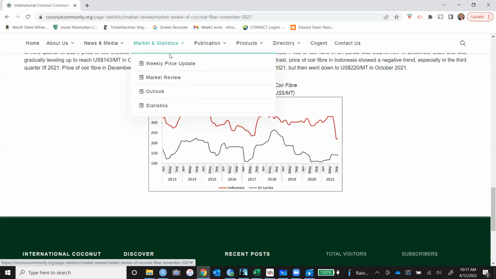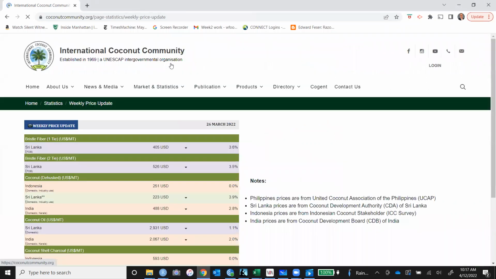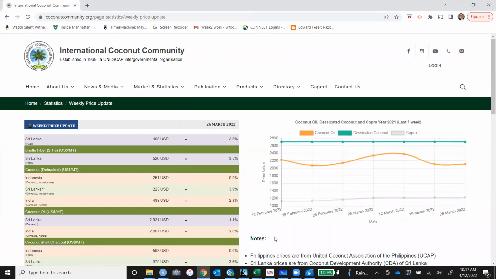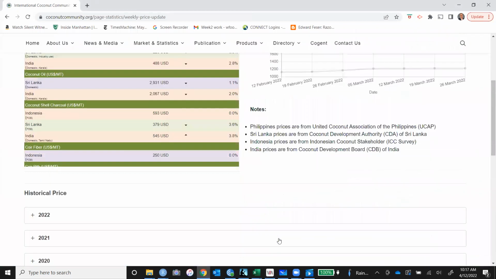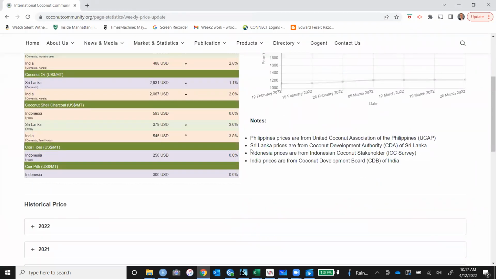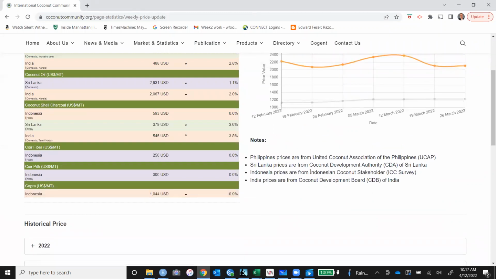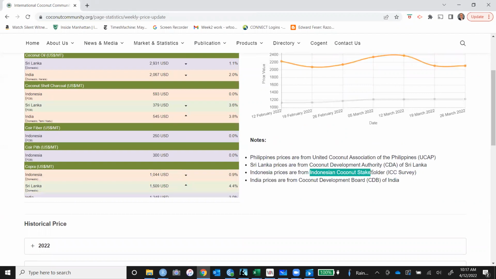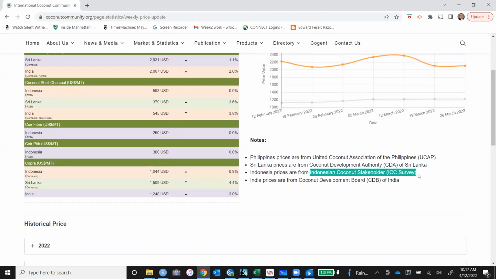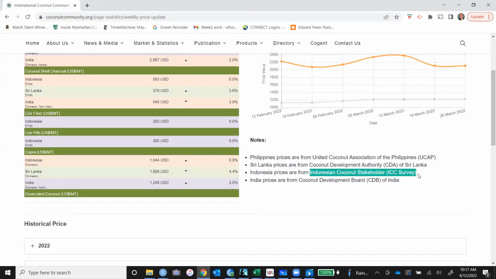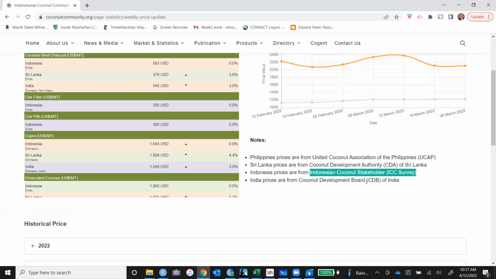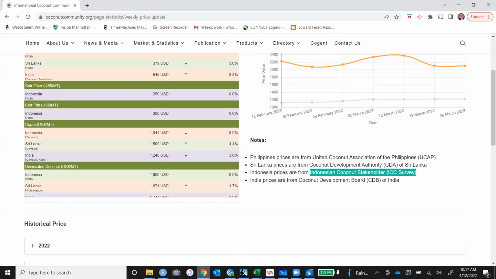If I go to market statistics and look at the weekly price update, okay. If it's anything Indonesia, you have the Indonesian coconut stakeholder, and that will be reported, whoever that is, and that might be interesting to look up.